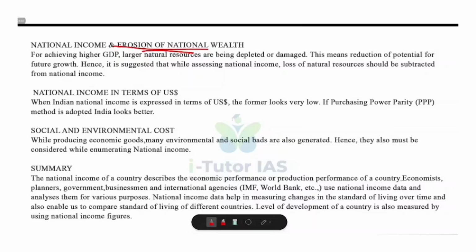For example, cutting down forests to increase timber sales means GDP will rise but it damages the environment and reduces the future timber supply. So while calculating national income, deduct the loss of natural resources to get a more realistic picture of sustainable growth. National income should reflect current production without destroying future wealth.